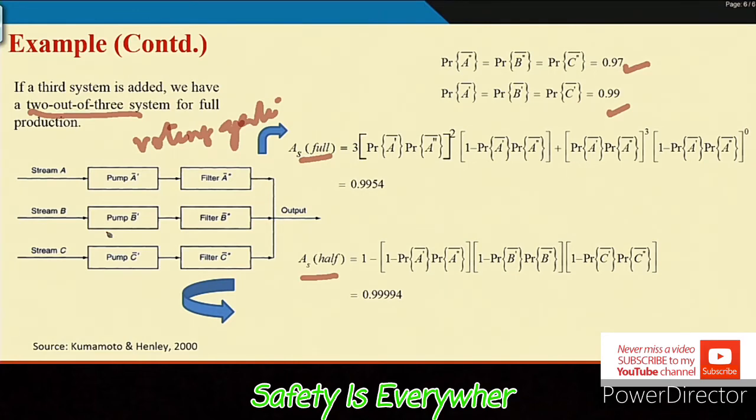So, you can use the binomial theorem, that is what we have discussed in the last class. Now, using this, what are the combinations for AS full? So, 2 out of 3, so 3 choose 2 and some probability will be there, plus 3 choose 3 and the probability will be there.